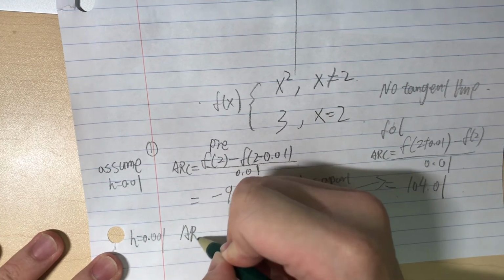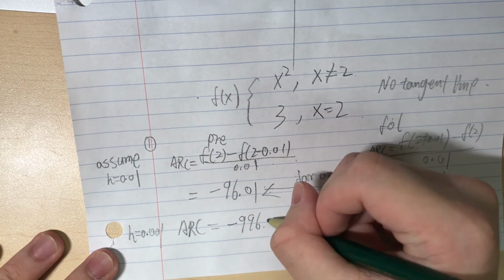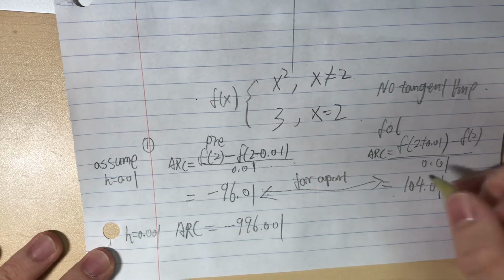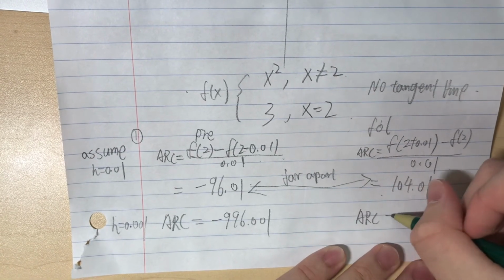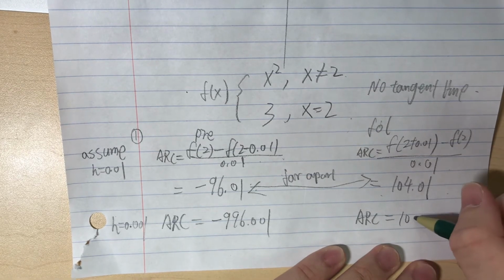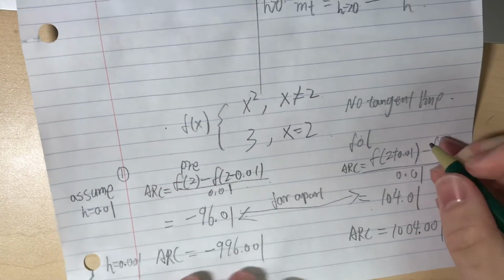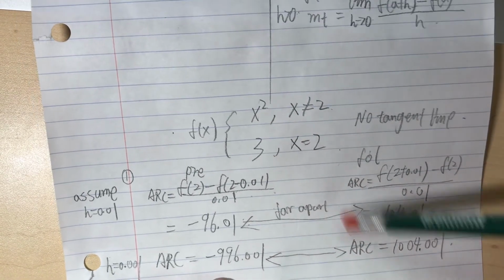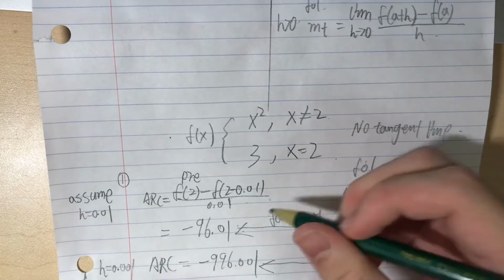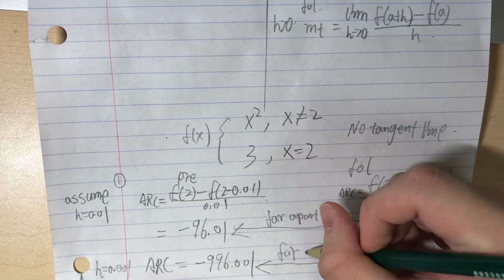I calculate the ARC should be minus 996.001, and in the following interval the ARC will be equal to 1004.001. You can compare these two numbers. It's the same situation, also far apart from each other.